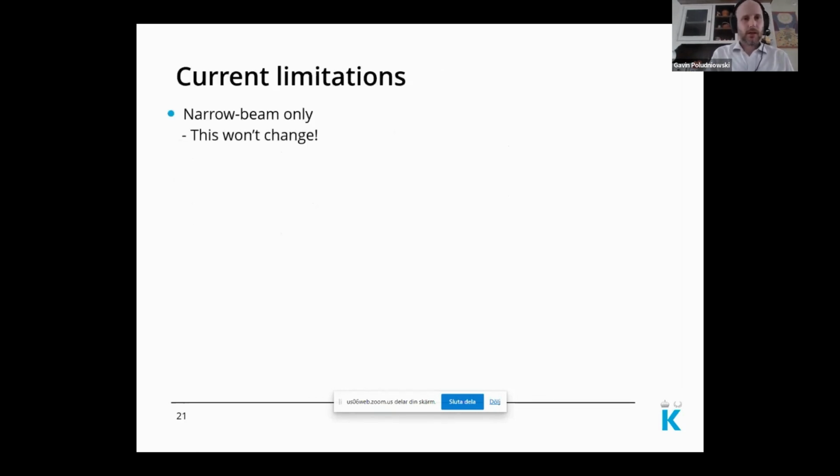Current limitations are that we have a narrow beam primary only here. This isn't going to change. We've had some people querying whether to add contributions from characteristic radiation from the filters, but once you start having to model the size of beams and the locations of different components, you might as well do Monte Carlo. We have 3 types of target. We could add others. We have some interest in copper.